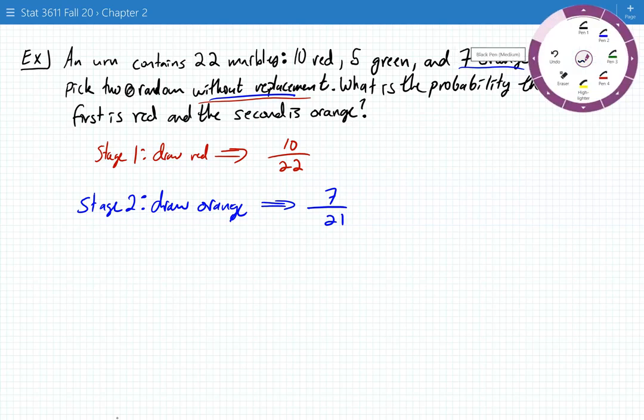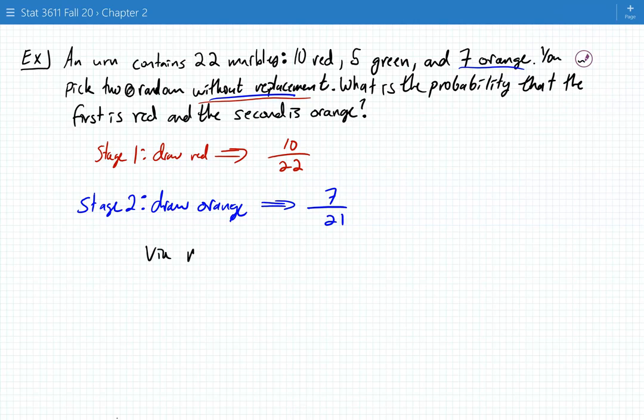So, in conclusion, via the multiplication rule, the desired probability would be 10 over 22 times 7 over 21. That is 70 on the numerator, 22 times 21 on the denominator.